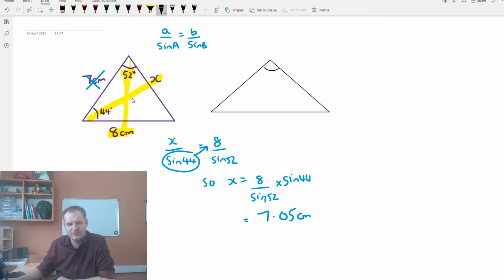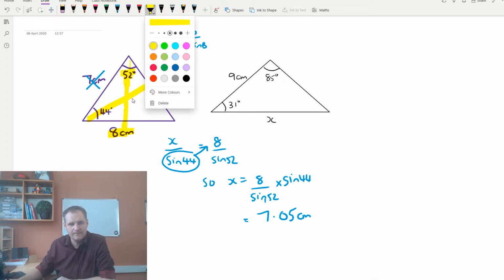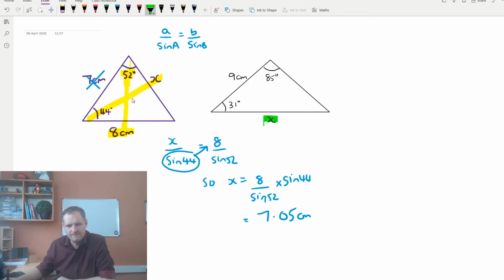There's two types of things that might happen here. I'm going to deliberately give us a slightly broken question. So that's 85 degrees, and that is 31 degrees. And we have this time 9 centimetres, and we want to know what that is. We've got one pair, so we can see that that and that form a pair.